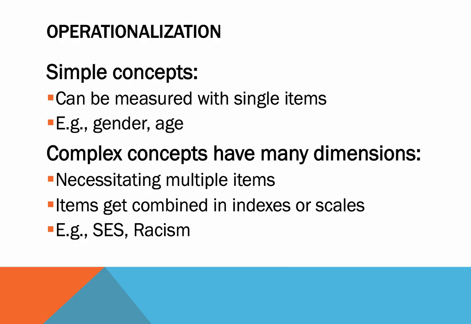So how do you measure something like prejudice or racism or happiness? You could imagine that that's quite controversial. So if you're looking to measure something like that, you need to go to other scholars' work to see how they have interpreted it at an empirical level.